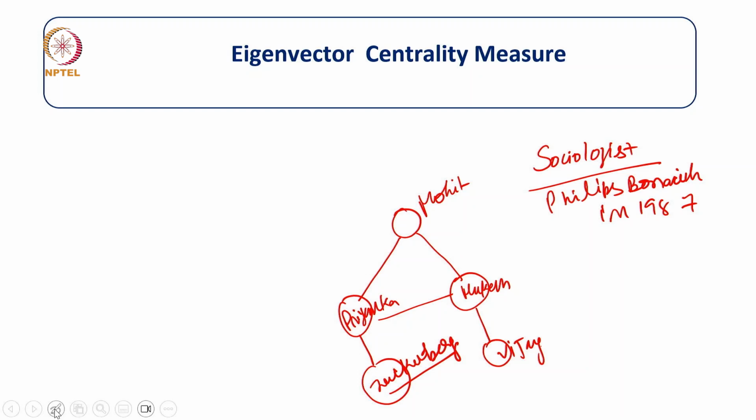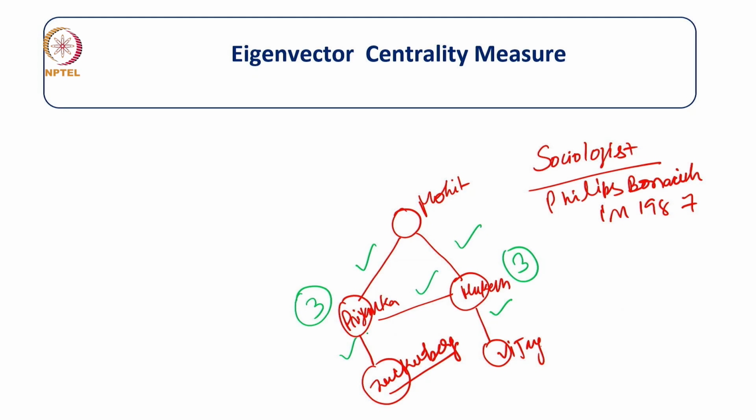So one is this one, one is this one, and one is this one. So it has a degree centrality measure of 3. Same with Priyanka: 1, 2 and 3. But if you see here, Priyanka has one influential connection with Zuckerberg.